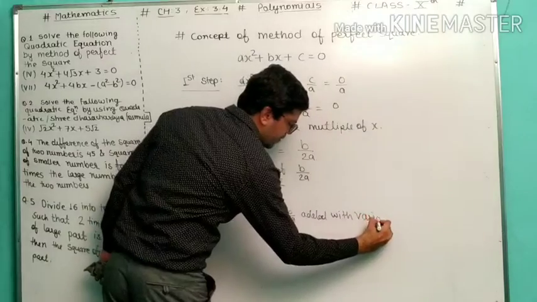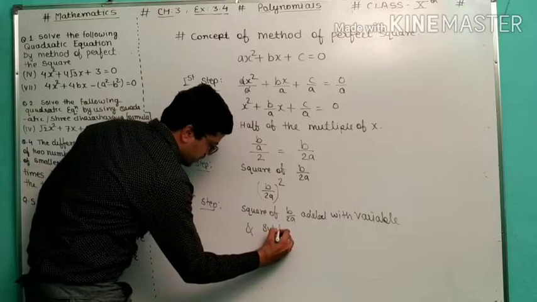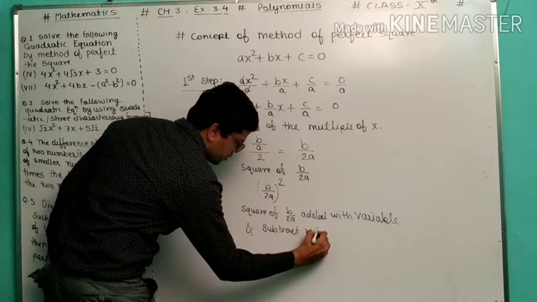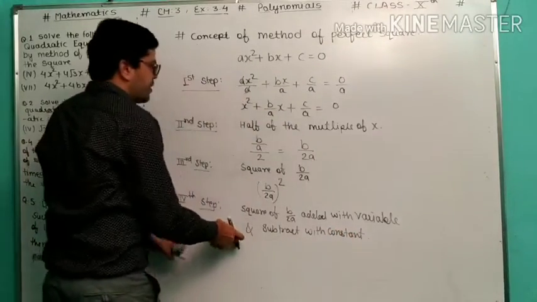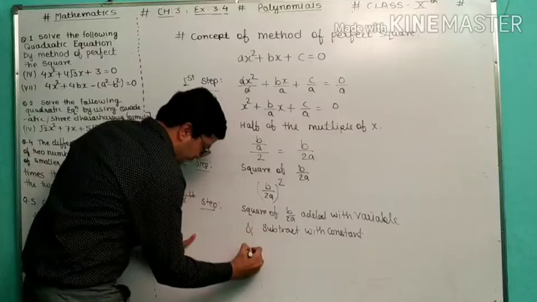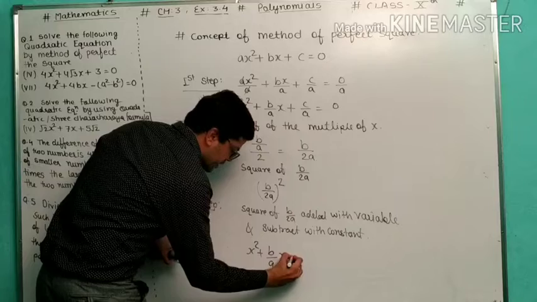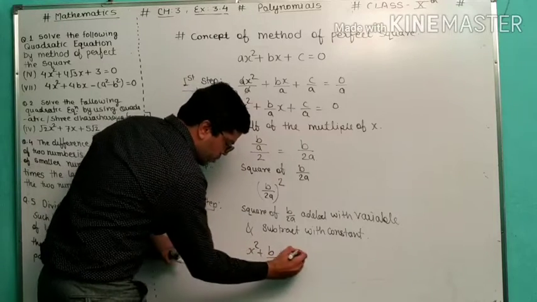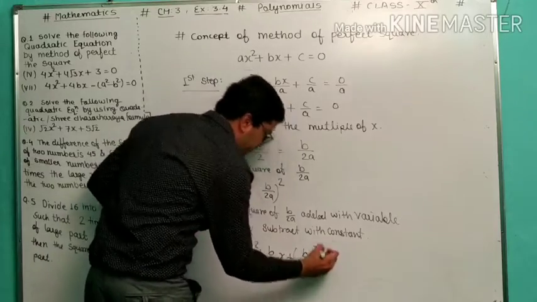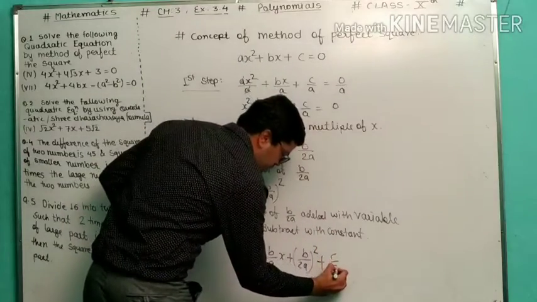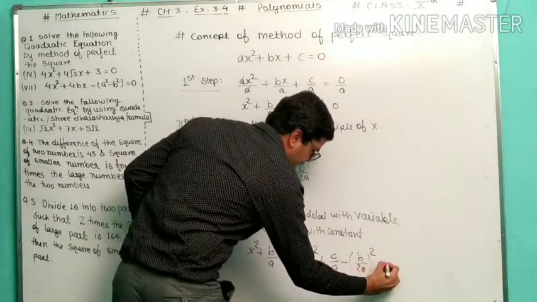Always remember, added with the variable and subtracted with the constant. Whatever equation is given here, x square plus b by a x, this consists of the variable, so we have to add this square of b by 2a, and plus this constant c by a, and the square of b by 2a we have to subtract.